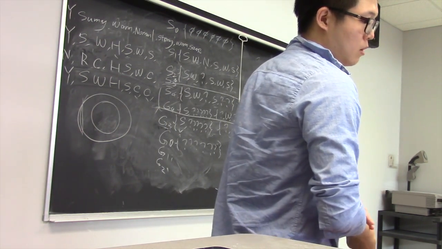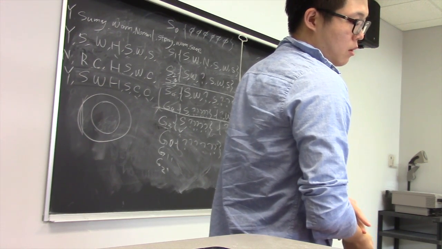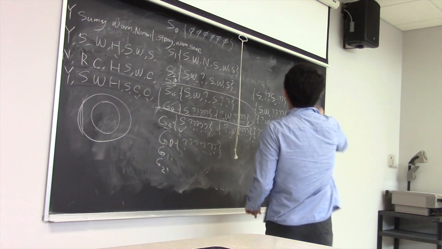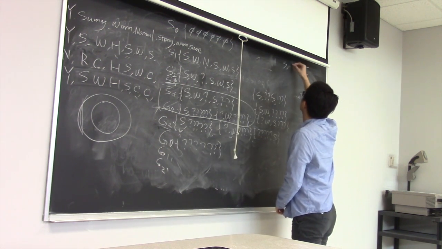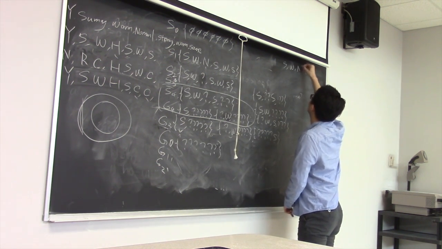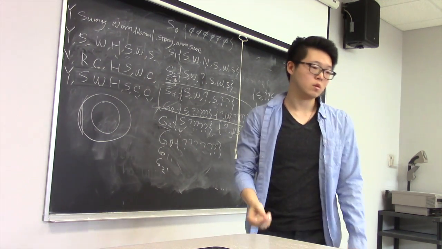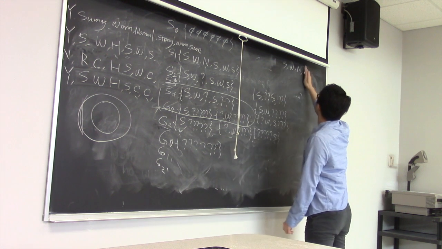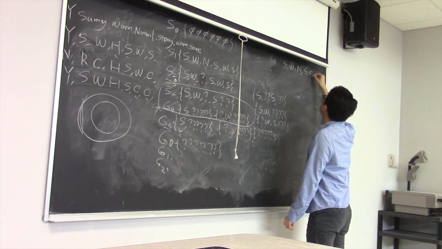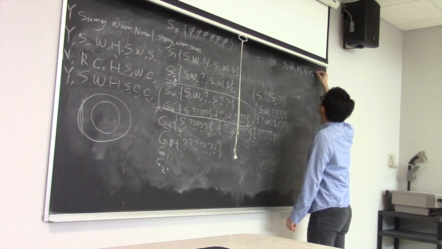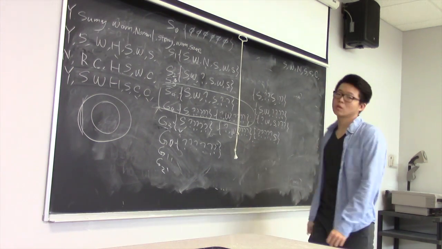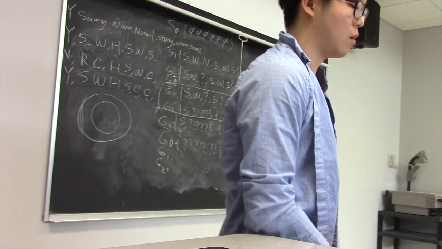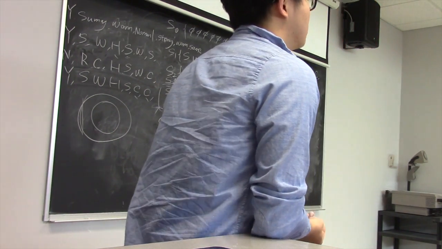Suppose we have sunny, warm, normal, strong, cool, change. So how many hypotheses are positive?